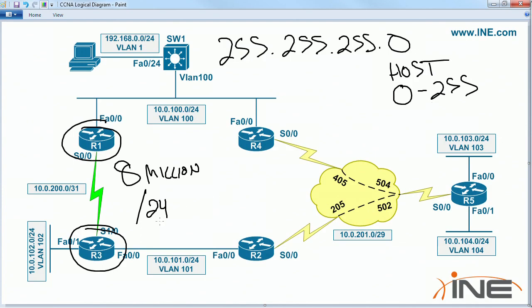So even if I went as far as /24, I really only need two address assignments here. I need router 1 and I need router 3. So it means that there's going to be 252 other values that I don't need, that I can't use. I don't need to assign them, but they're now allocated, and they can't be assigned to anybody else in the network.